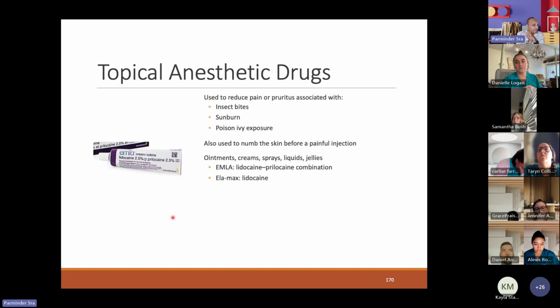That's a common use of that cream. It's also used when somebody is having some minor localized procedure. They apply it somewhere from 30 minutes to an hour before, and then it's ready and stays effective for about 30 minutes or so.